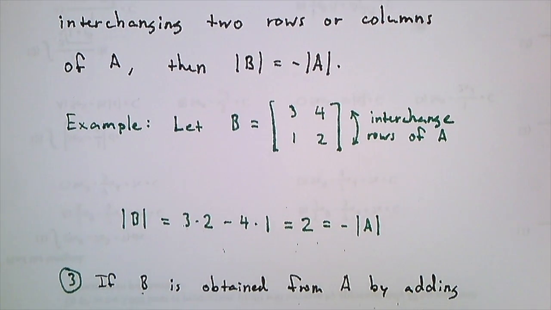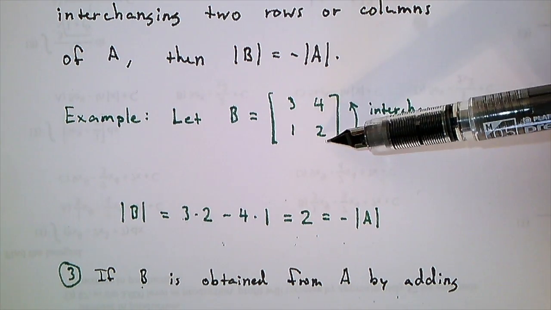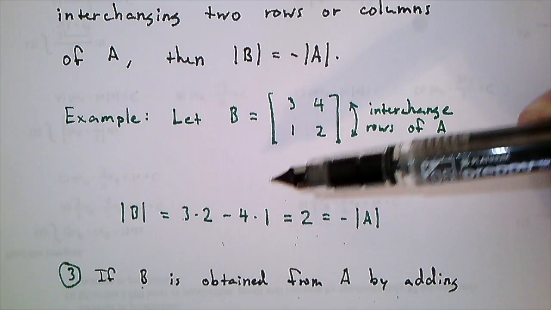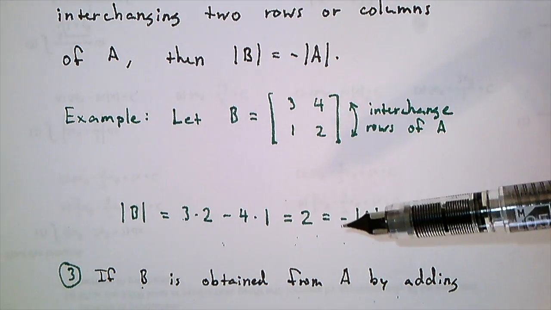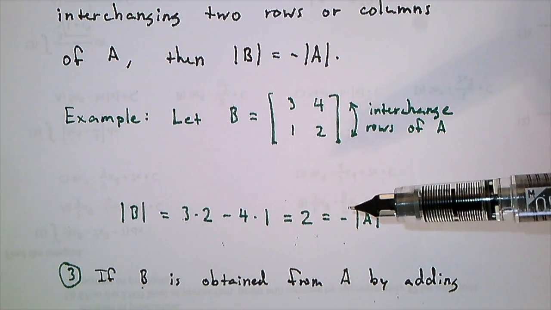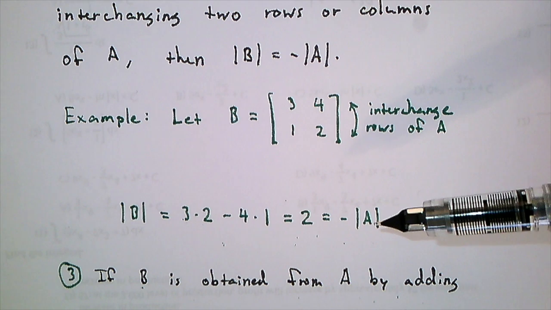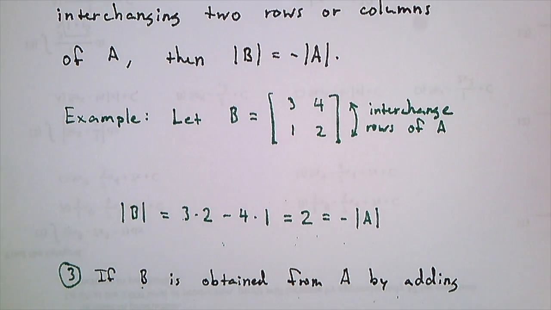And then we compute the determinant. We get 3 times 2 minus 4 times 1. So this is 6 minus 4, which comes out to positive 2. And this is the negative of negative 2, the determinant of A, just as the theorem claimed it should be.